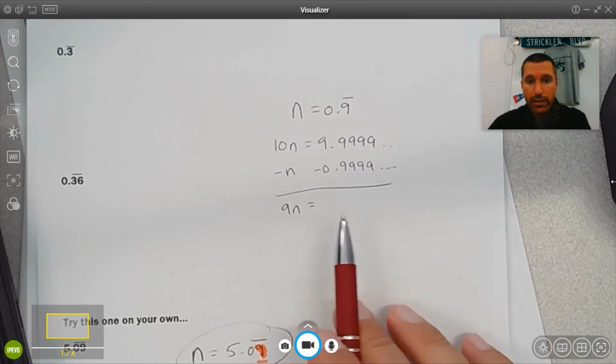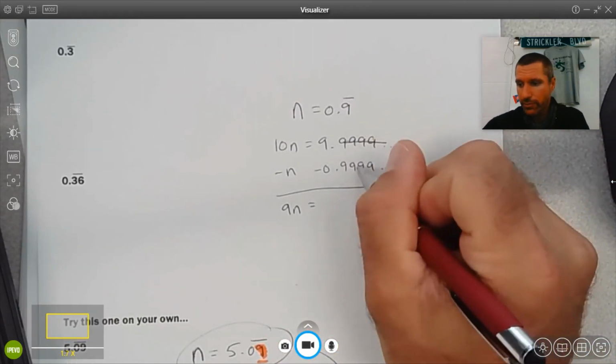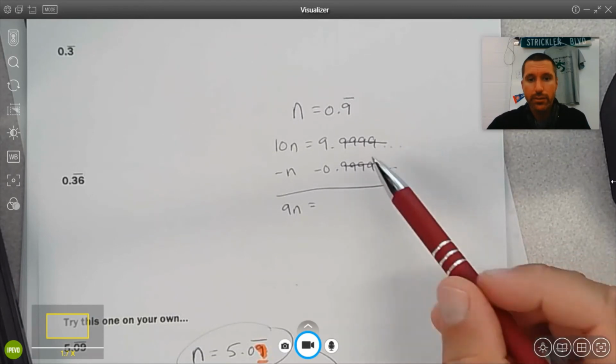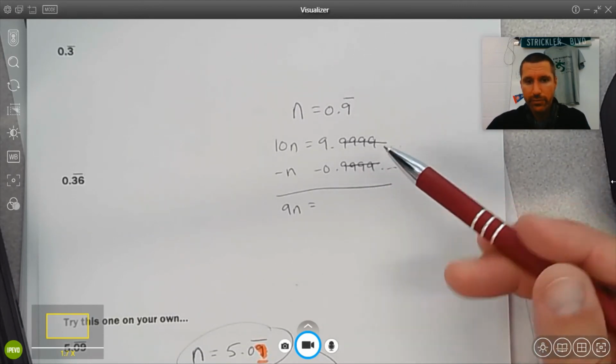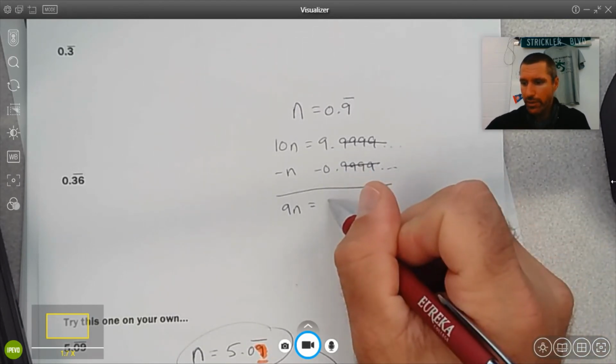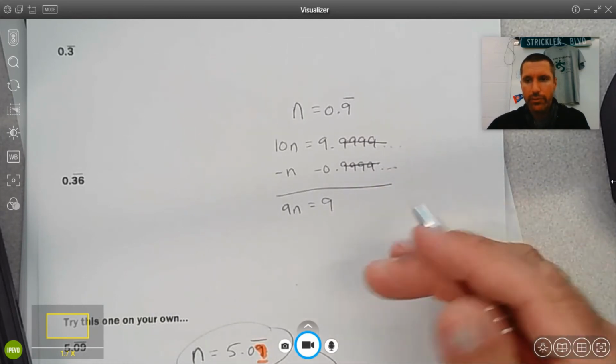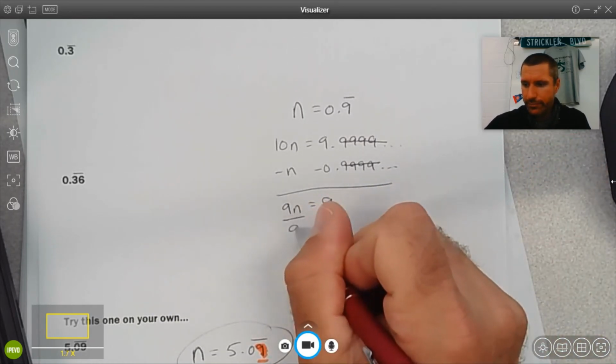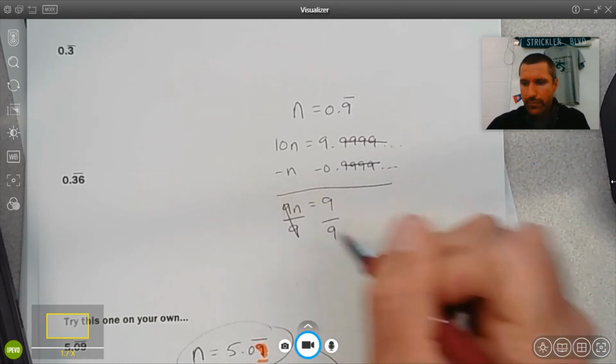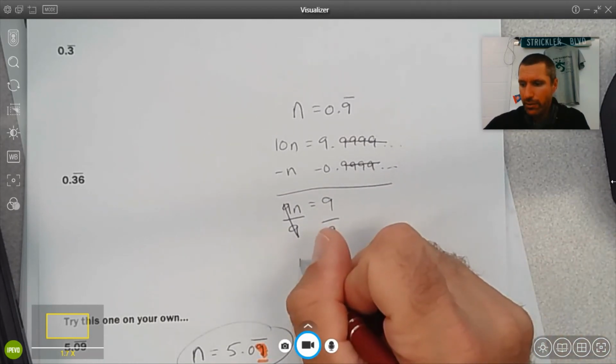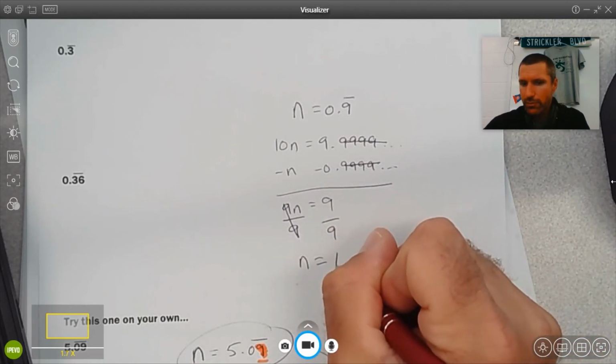So 9n equals, well, go ahead and cancel over here the repeating 9s. Don't forget to subtract what's left, which is 9 minus 0. So 9n equals 9. And then you want to divide both sides by 9. And you end up with n equals 1.